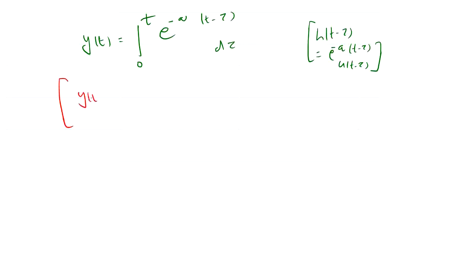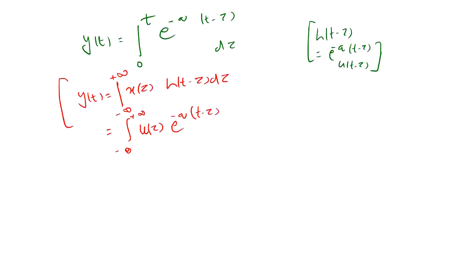We have y(t), from minus infinity to plus infinity, x(tau) h(t minus tau) d tau. This is our equation. Now we can write all these things here. What is x(tau)? It is simply u(tau). What is h(t minus tau)? It is e raised to the power minus a(t minus tau) u(t minus tau) d tau.